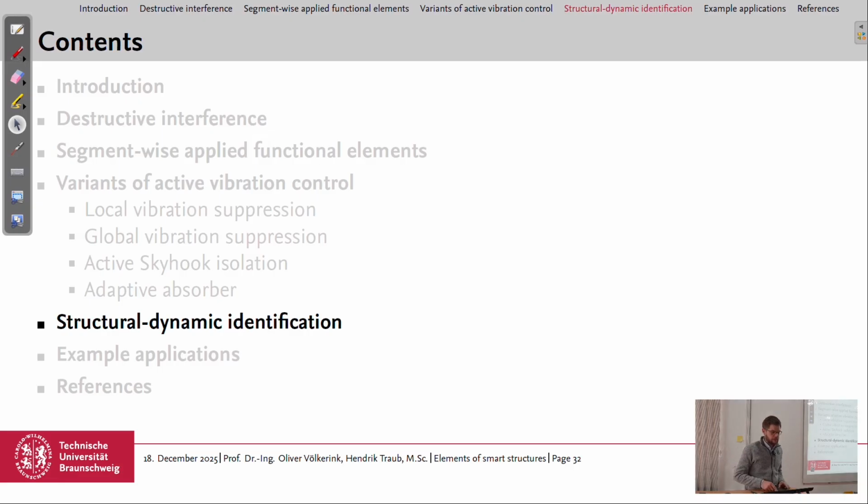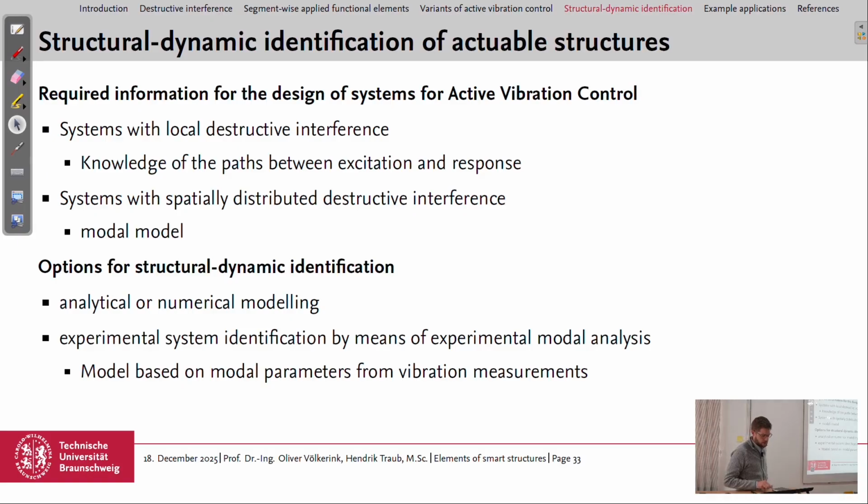So the second last topic in this slide is the structural dynamic identification. For the two variants of active vibration control, the local and the modal one, we need knowledge about the systems. So for the local destructive interference, when we only try to calm down individual points, we need the knowledge about the transfer behavior for the primary and secondary paths.